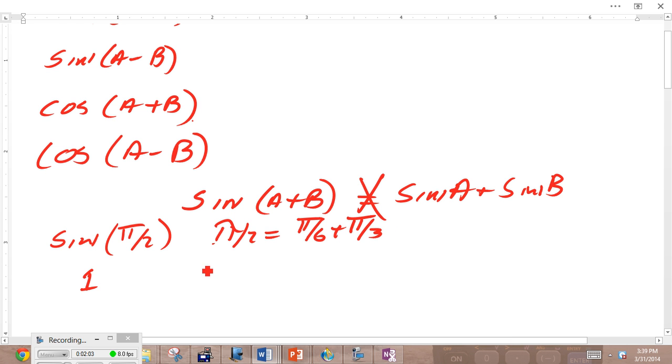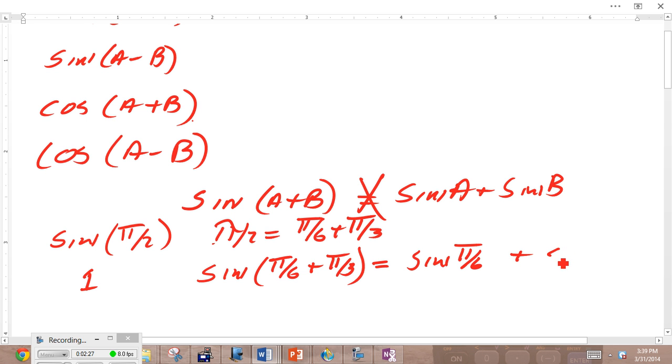So if the sine of pi over 2 is 1, what is the sine of pi over 6 plus pi over 3? Well, we're here to show you that it is not equal to the sine of pi over 6 plus the sine of pi over 3.